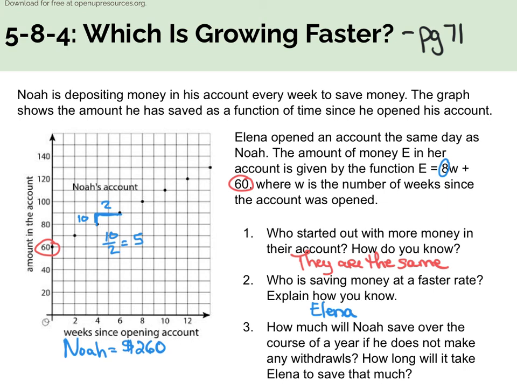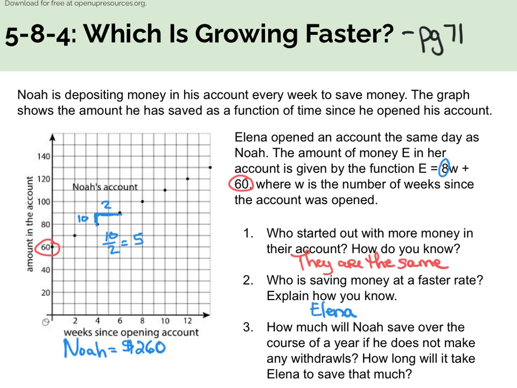He has 60 to open, and then it's $10 for every 2 weeks, or 5 for every 1. If we take the 5 and multiply it by the 52, we get the 260. That's how much he's actually putting into his account.